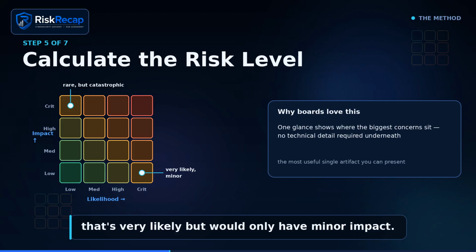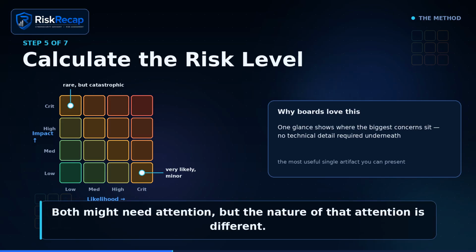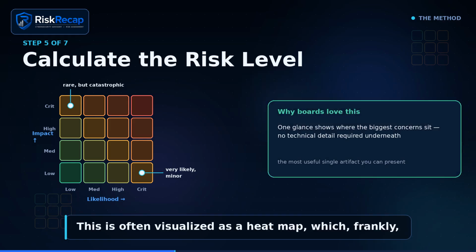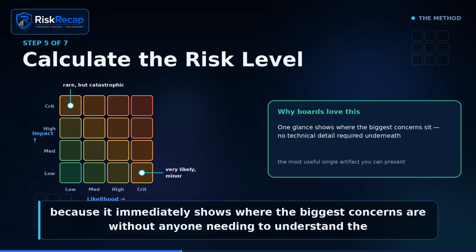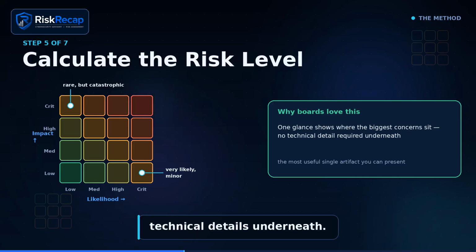Both might need attention, but the nature of that attention is different. This is often visualized as a heat map, which frankly is one of the most useful single artifacts you can put in front of a board, because it immediately shows where the biggest concerns are without anyone needing to understand the technical details underneath. Step 6 is determining treatment.